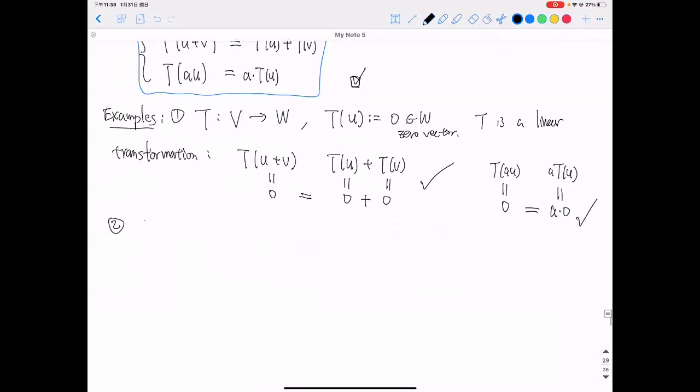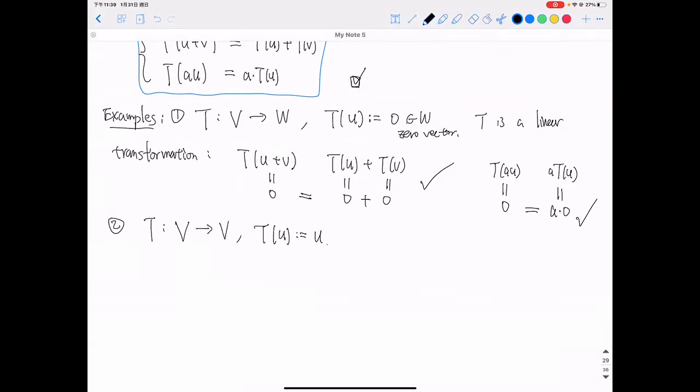Now, let's consider some other example. This is another extreme example where you notice that T is now a function from a subspace V to itself. And the definition of T is that T sends a vector U to itself.